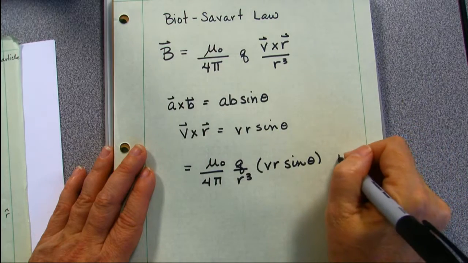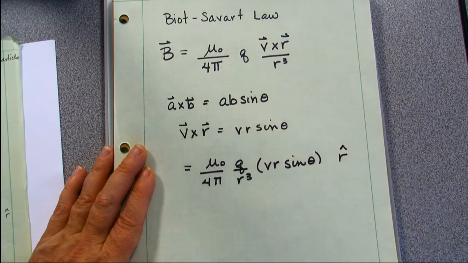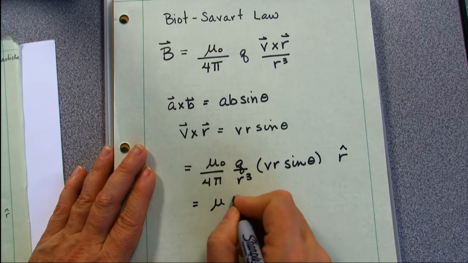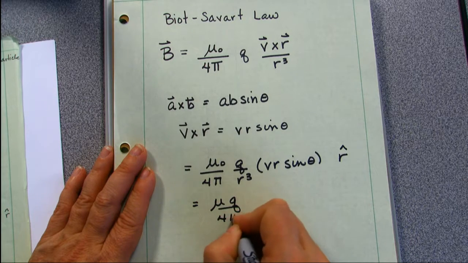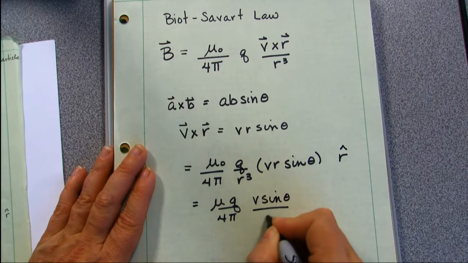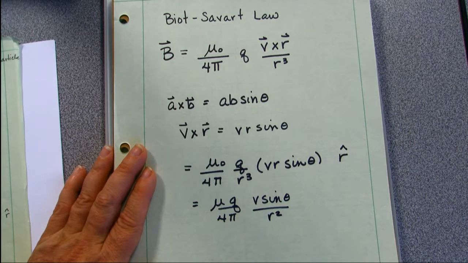But this is going to be in my r unit vector, in the r direction. And I end up with mu naught over 4 pi, q v sine theta over r squared. It's another way of looking at what we already have figured out.